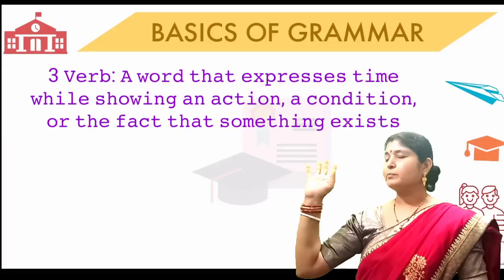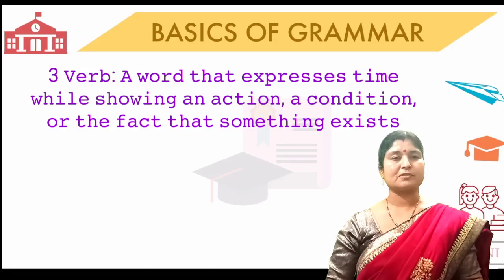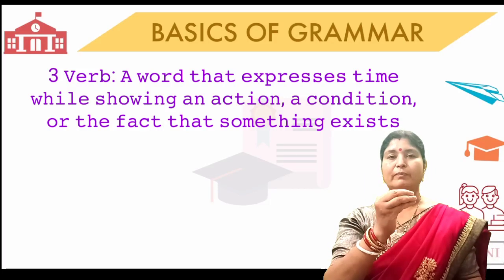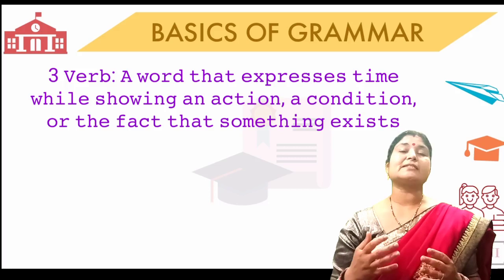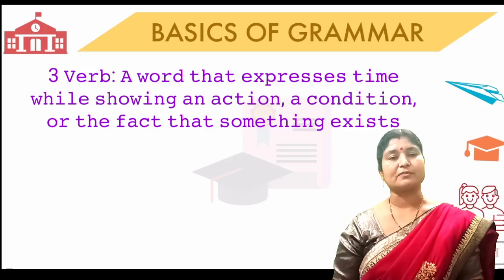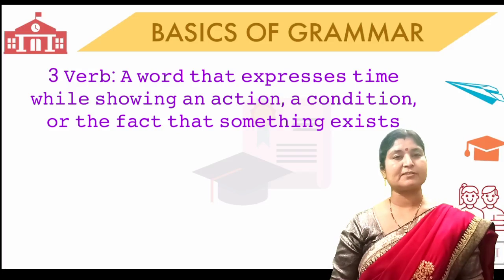Next, that is verb. The verb is the most important part of speech. Only a verb can form a sentence. So then what is a verb? A word that expresses time while showing an action, a condition or the fact that something exists.